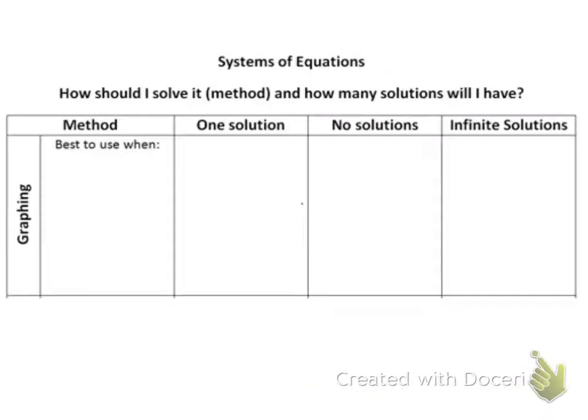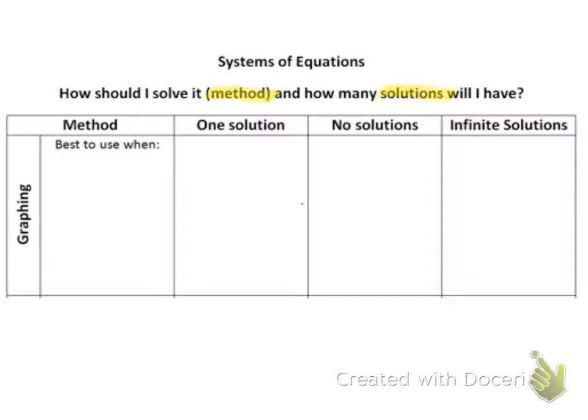All right, so the first thing I'd like you to do is I gave you an organization type worksheet that has the different ways that we can solve it, or methods, and the idea about the different types of solutions. We're just going to slowly start filling this out.